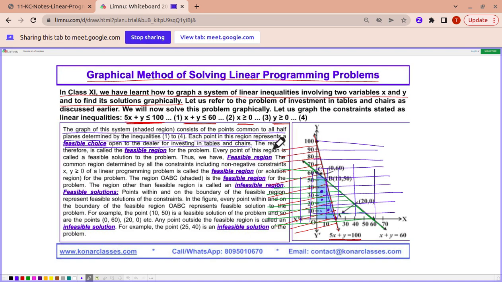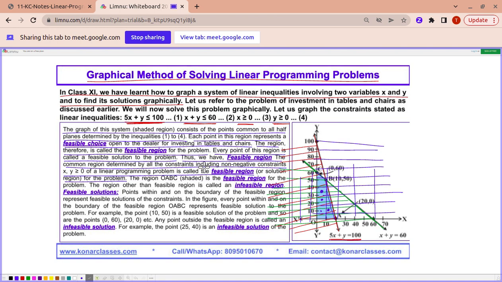As all these choices are feasible choices, that is why the region is called the feasible region of the problem. Every point of this region is called a feasible solution to this problem. Thus the common region determined by all constraints, including the non-negative constraints x greater than or equal to 0, y greater than or equal to 0, of a linear programming problem is called a feasible region or solution region for the problem.